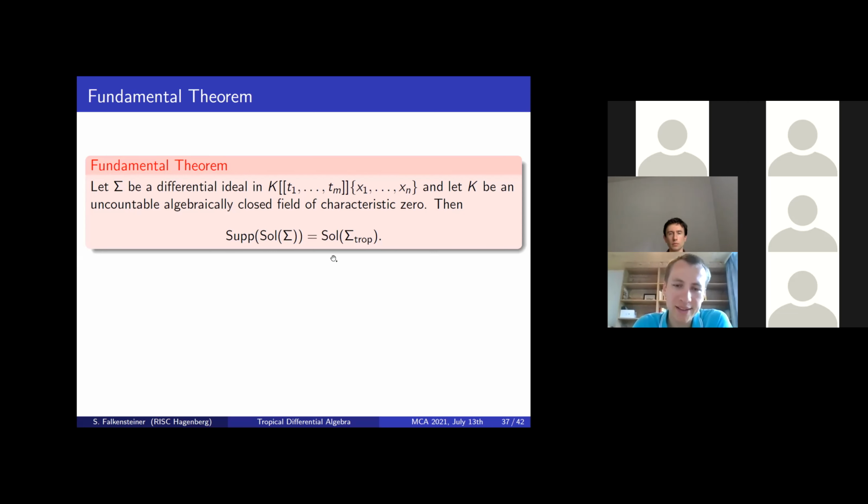But the nice thing is that it does not matter if we take the support of the solutions of the usual differential ideal, or we tropicalize the differential ideal and then compute its tropical solutions. We have here a set equality. Remember, from the undecidability result, we cannot expect that we can fully algorithmically understand the right-hand side, because we would have this set equality.